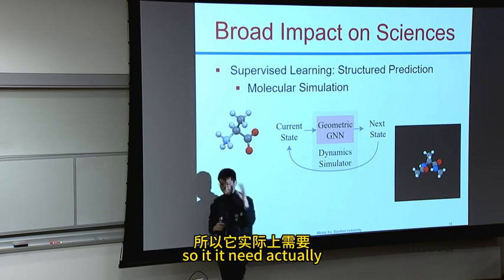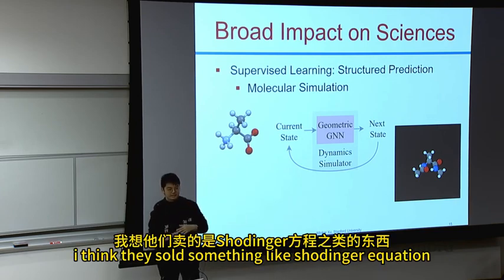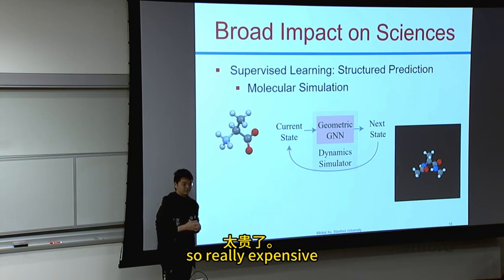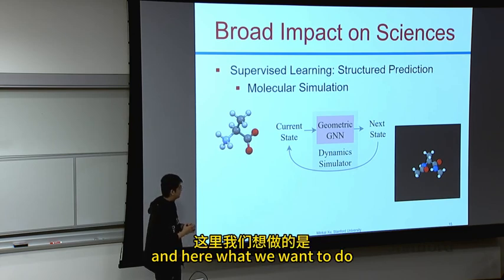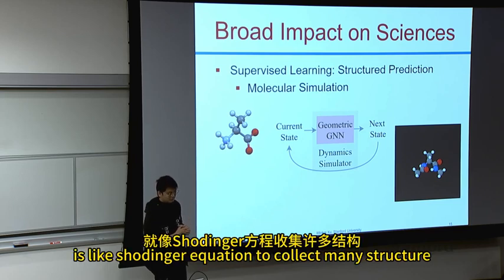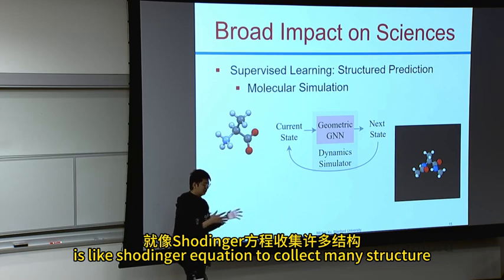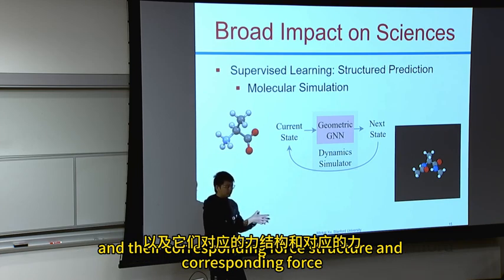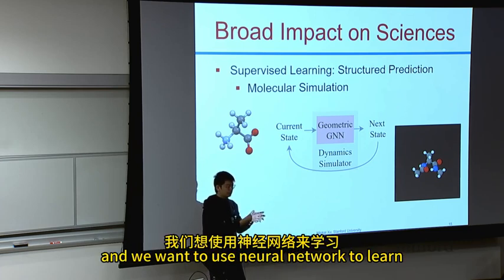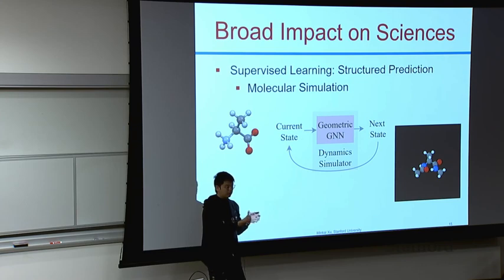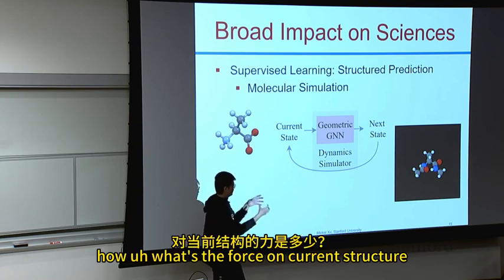So I think they solve something like a Schrodinger equation and calculate the force. So really expensive. And here what we want to do is collect many structures and their corresponding forces, and use a neural network to learn what's the force on the current structure.